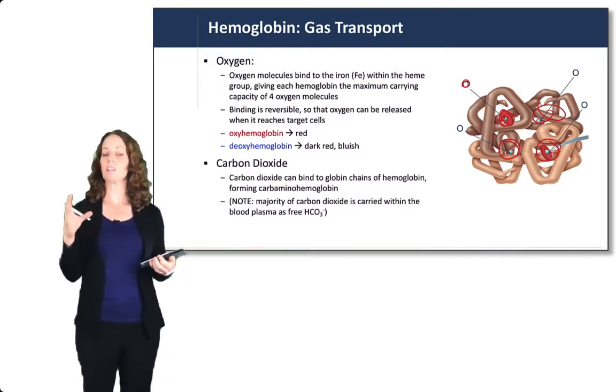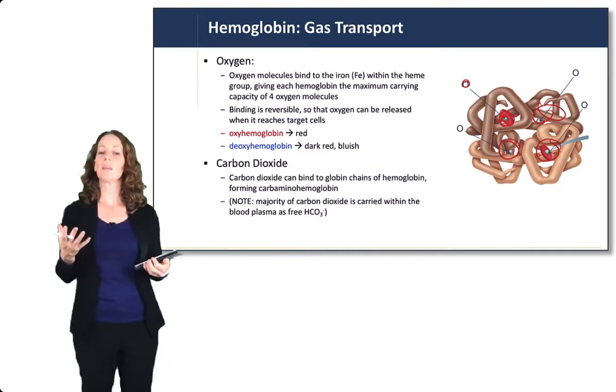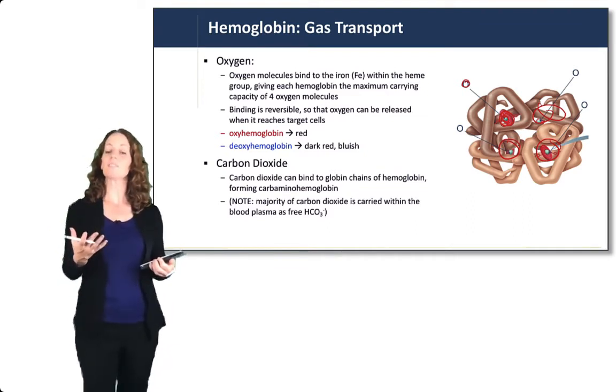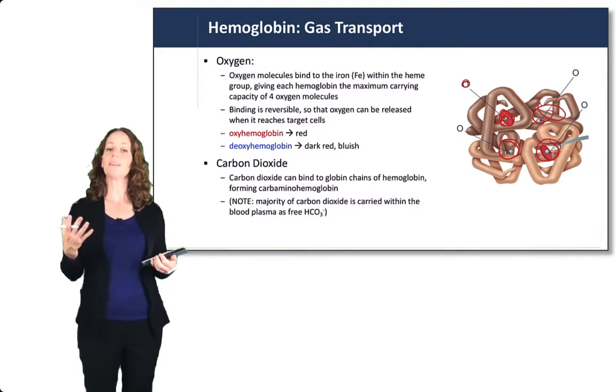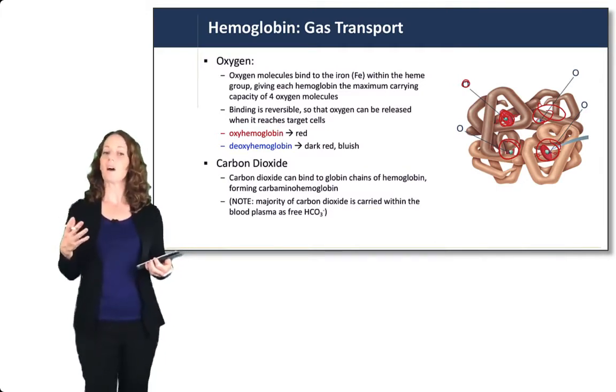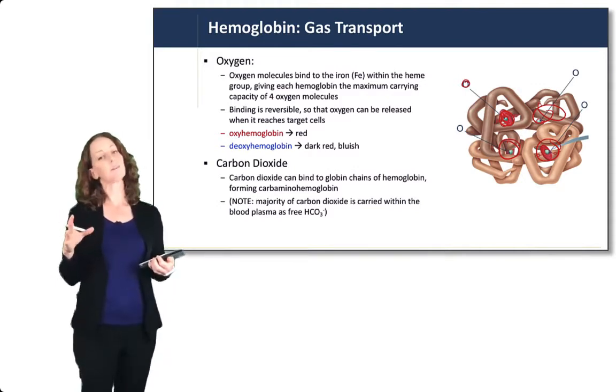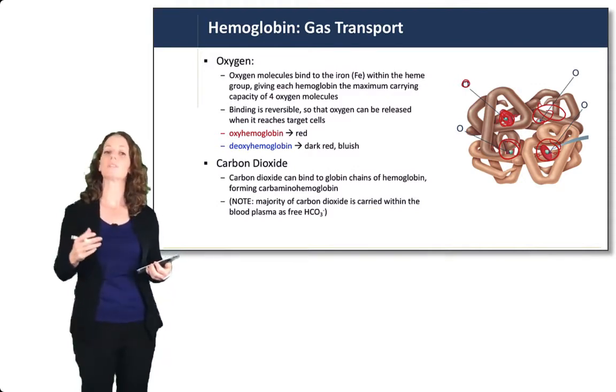So hemoglobin changes its structure for binding and unbinding. When hemoglobin is bound to oxygen, it's oxyhemoglobin, and it takes on a red color. When hemoglobin is not bound to oxygen, it's deoxyhemoglobin, and it turns more of a dark red or bluish color.